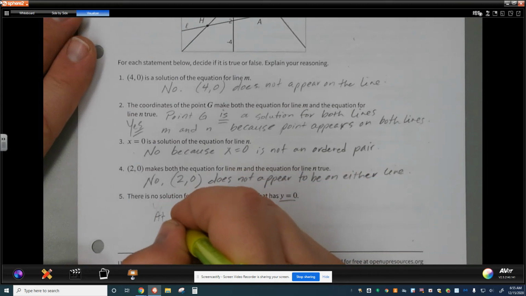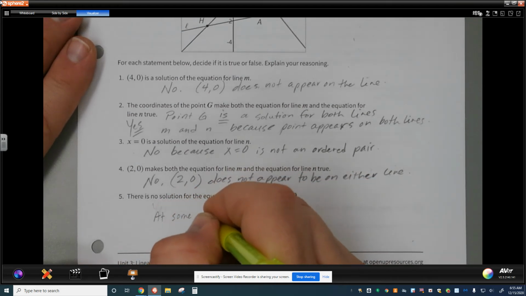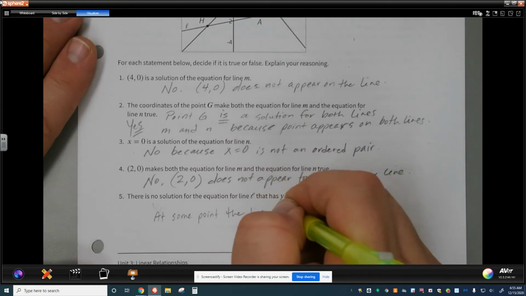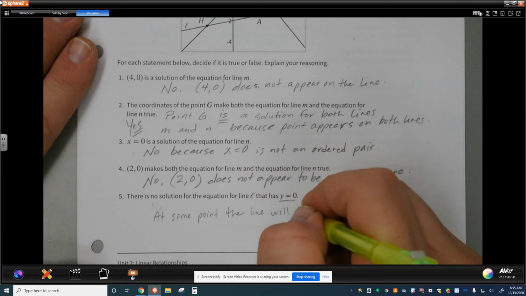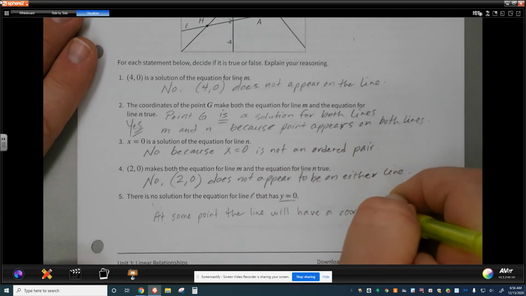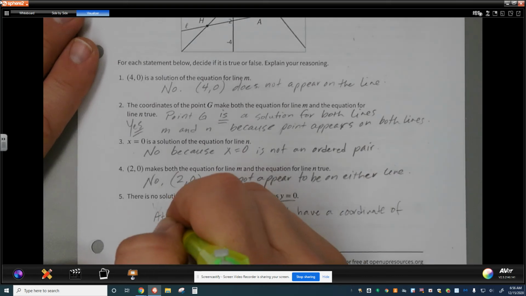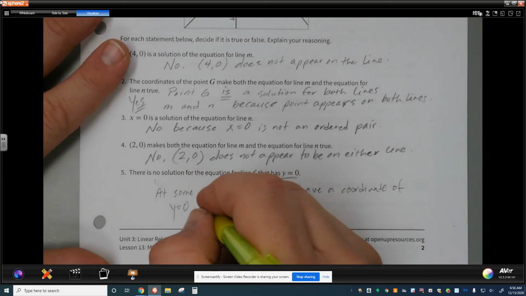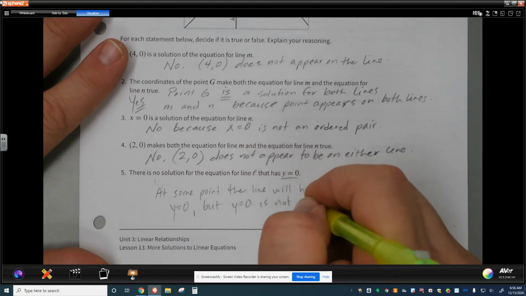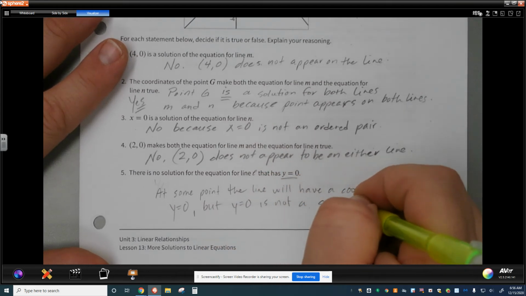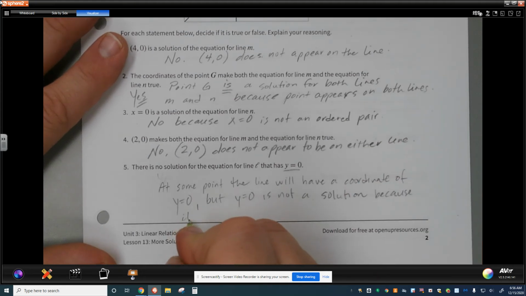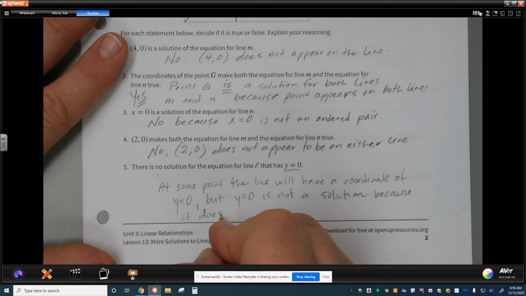We would just simply say at some point the line will have a coordinate of y equals 0, but y equals 0 is not a solution because it does not represent an ordered pair.